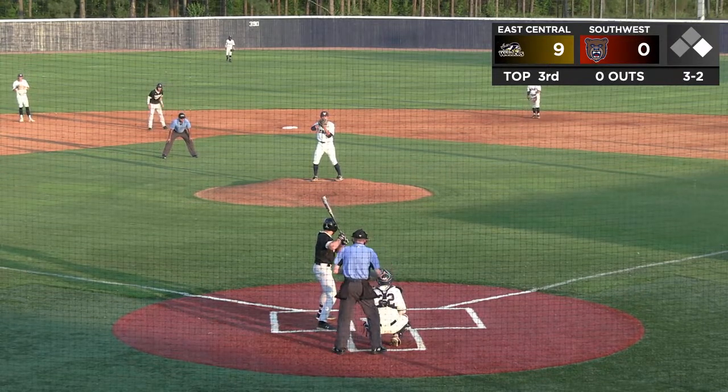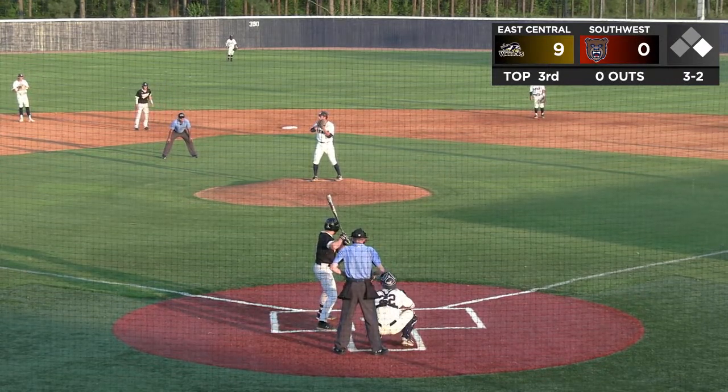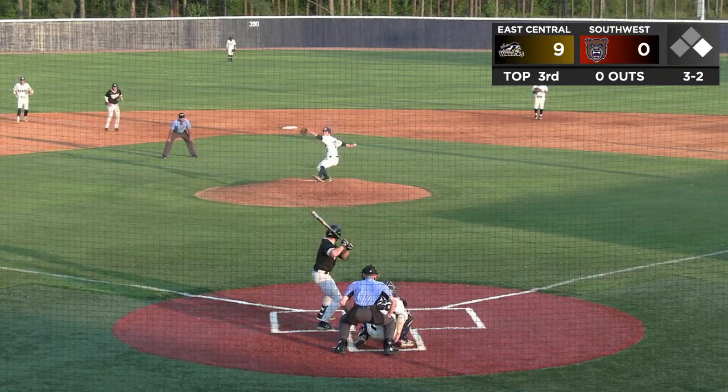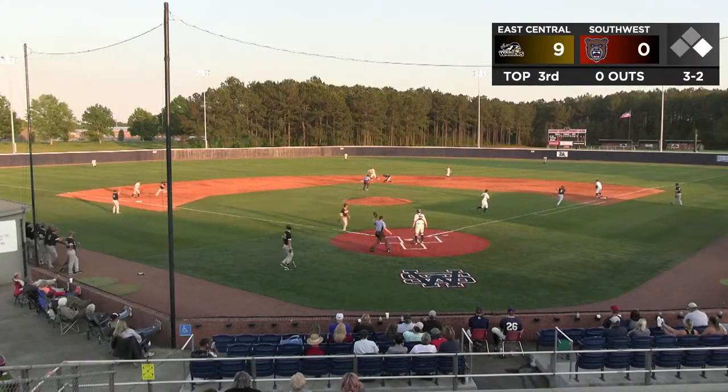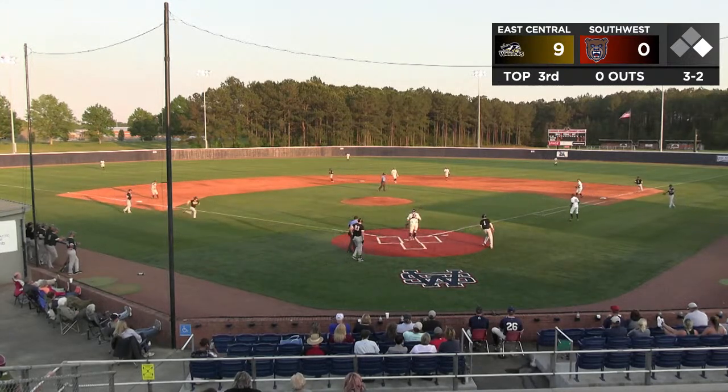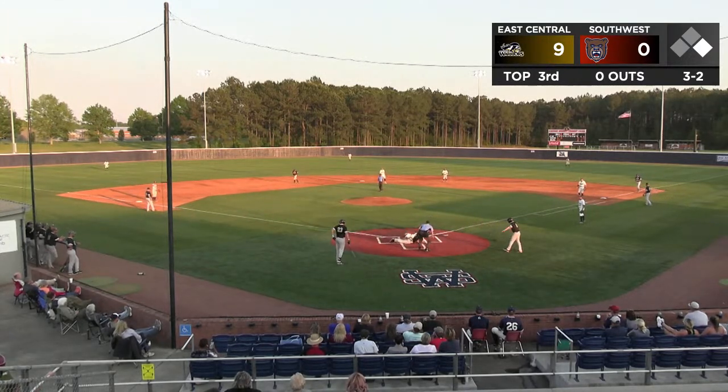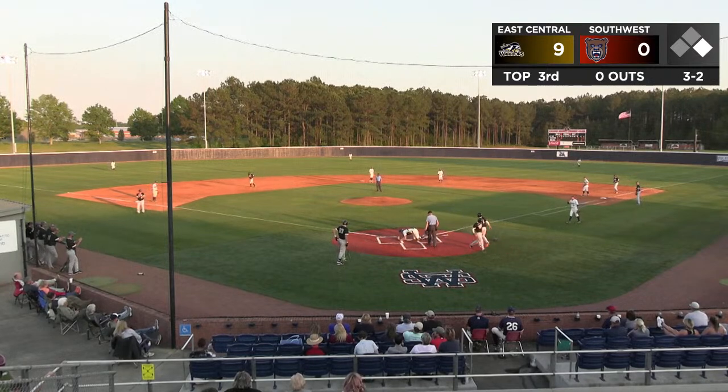9-0 our score with East Central in the lead here in the third inning. Here's the pitch. That's it right at the second baseman. Gobbles it up, goes to second for one. Back to first. They call him safe there, to the plate, safe there.